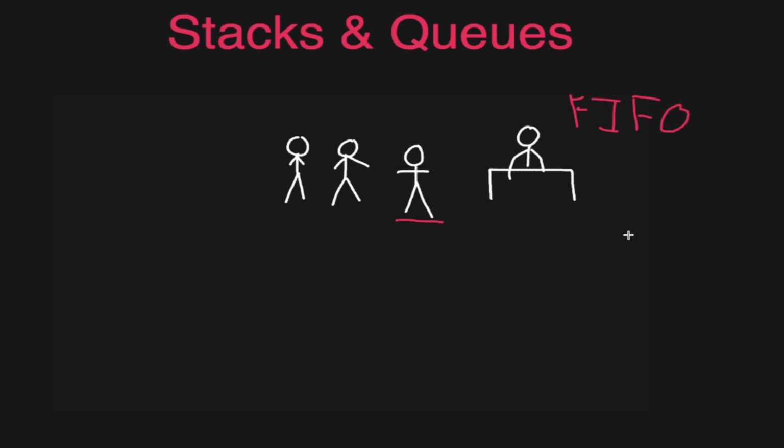This is in contrast to the stack, where it was the last in, first out principle. When you join the queue, that's known as the enqueue method. And once you leave the queue, when this guy finishes or a task gets run, this guy will be dequeued.